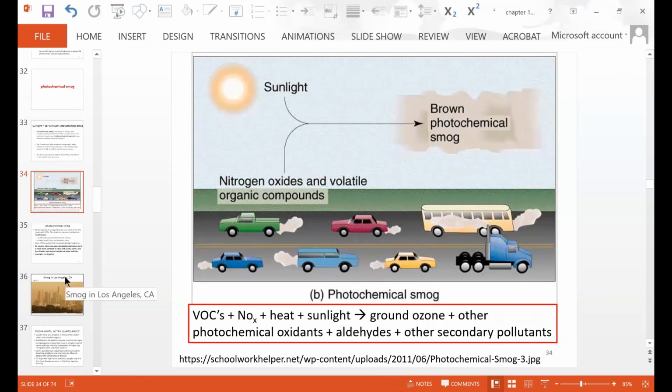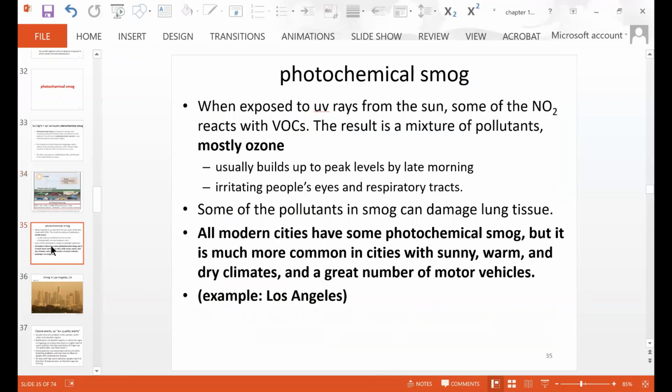So when you have photochemical smog, you do have the ozone pollution as well, which irritates the eyes, the lungs, the nose, the throat. So when exposed to UV rays from the sun, some of the nitrogen dioxide reacts with the VOCs and forms mostly ozone, but some other pollution as well.